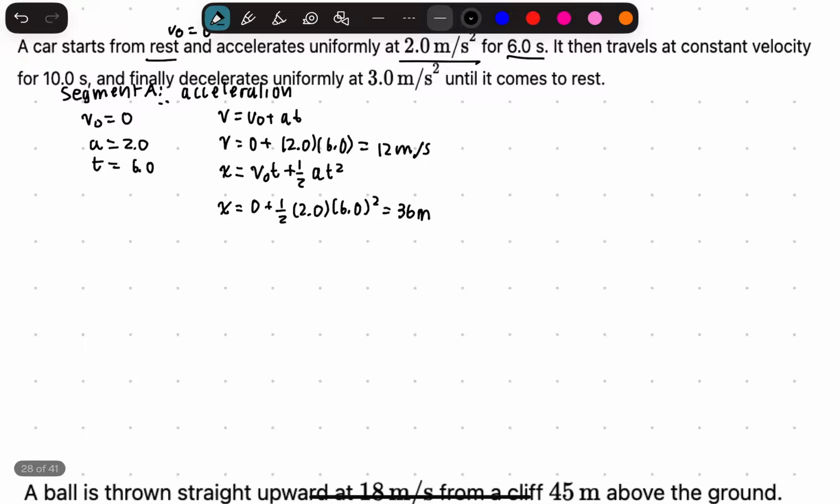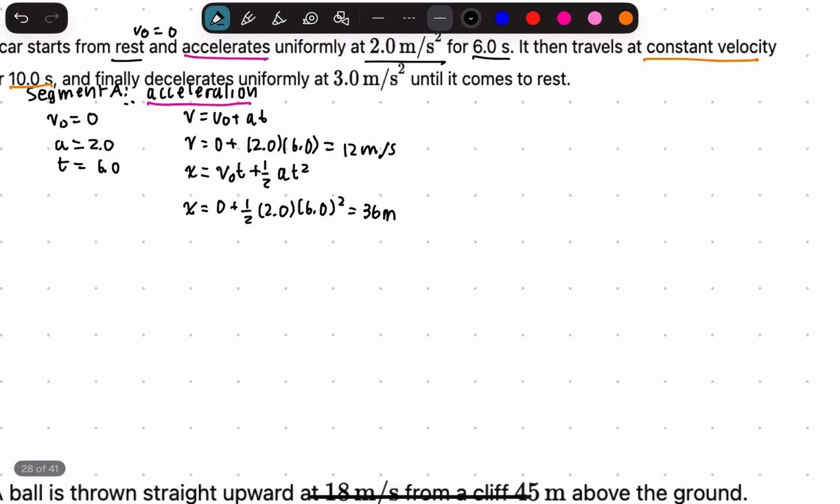So this was acceleration. Now after this, we have constant velocity traveling for 10 seconds.